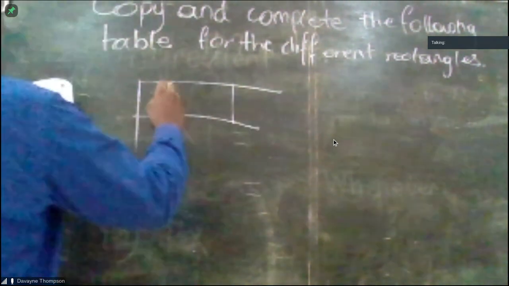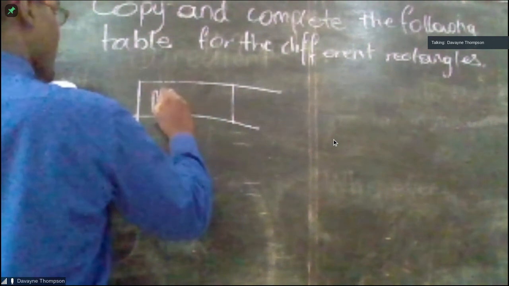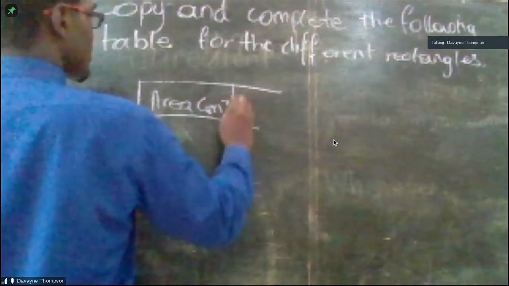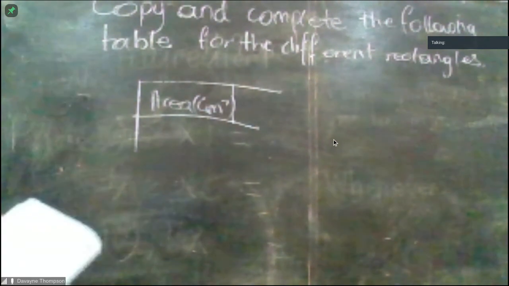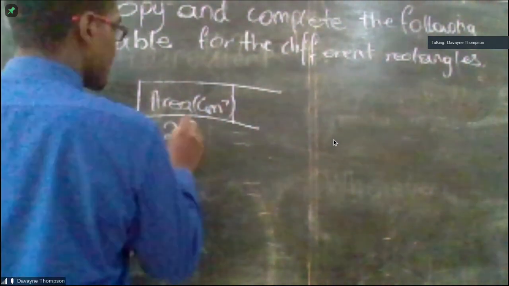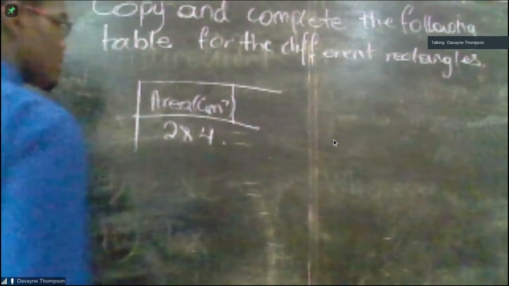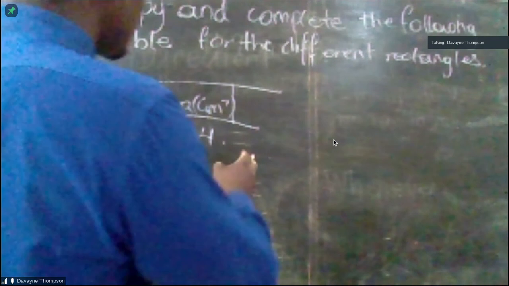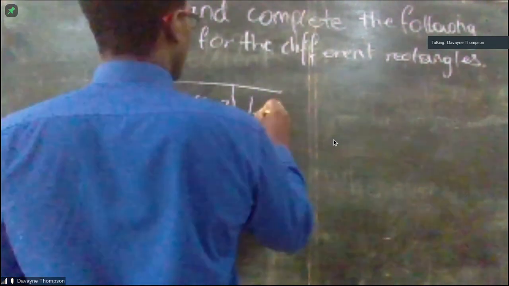We have area, centimeters squared. The first area that you have is 28.4. So you are given the area. So before we even move further, let's fill in the table first, and then we'll talk. We have length.